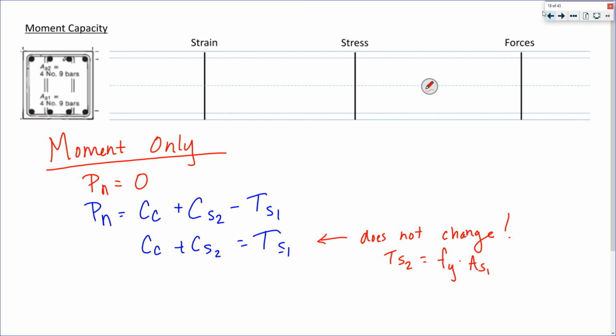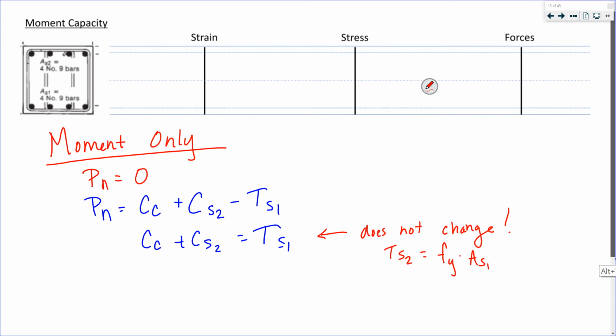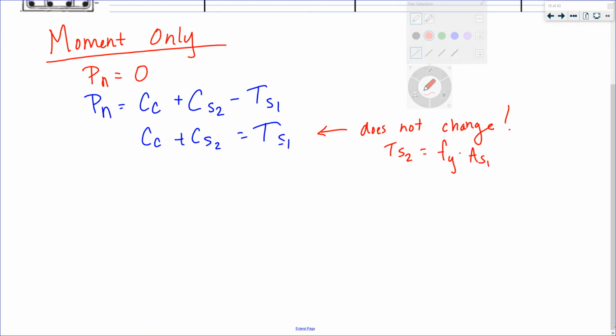Basically just start guessing. I'm going to make a little table. C sub S2 doesn't change. I'm sorry, C sub S2 changes. C sub C changes. They're both related to the depth of my stress block.